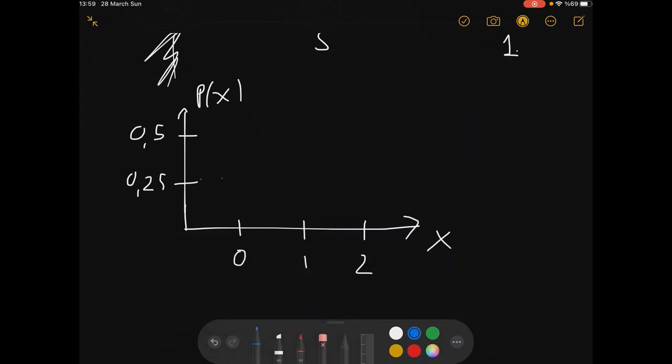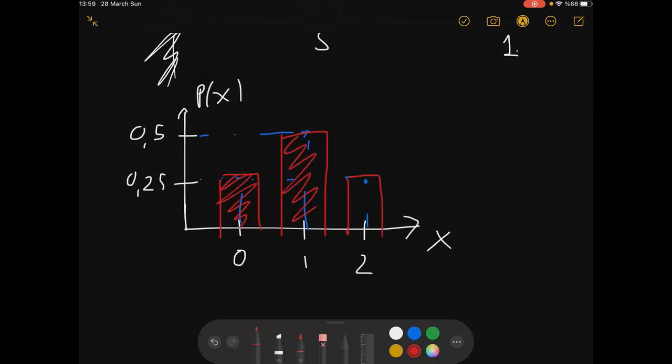So you just put their corresponding locations here, and the result will be something like this. These would be your bar graph representation for these 2 coin tosses as well.